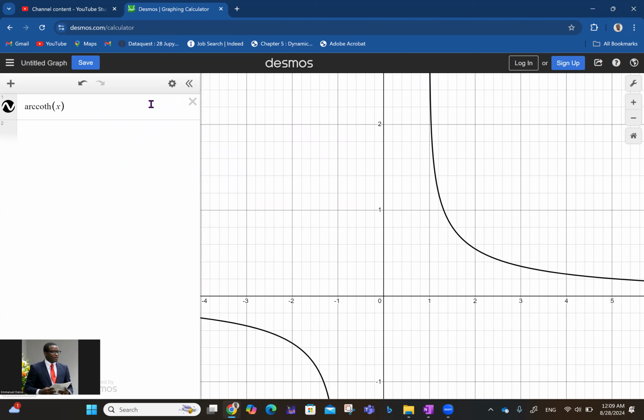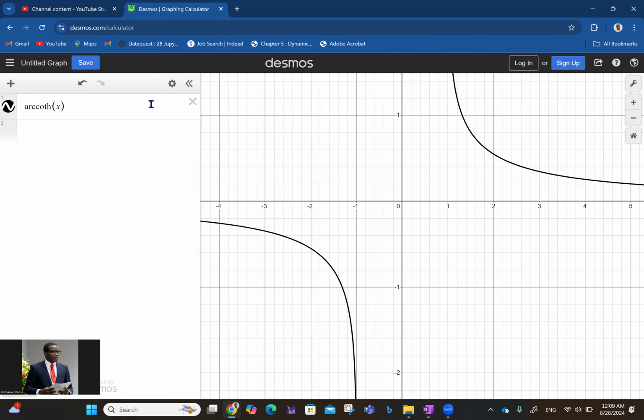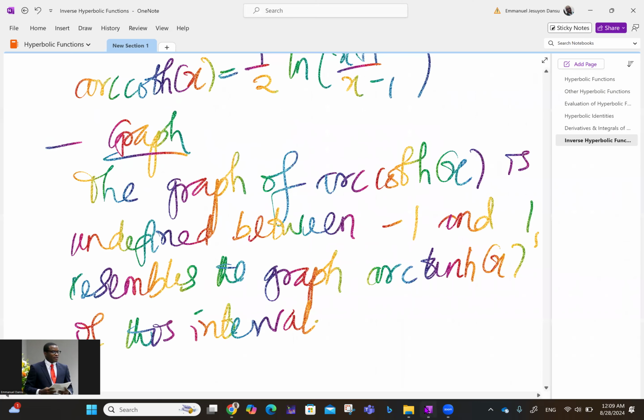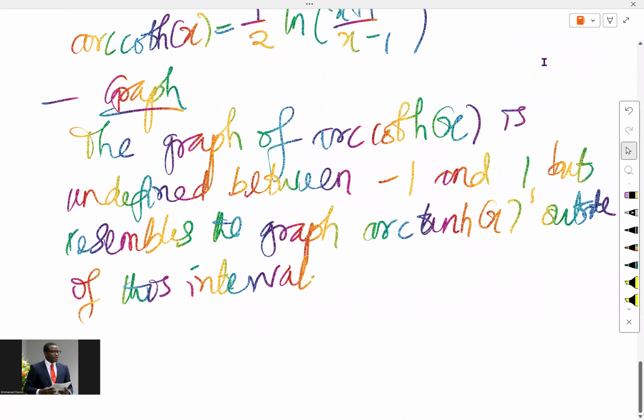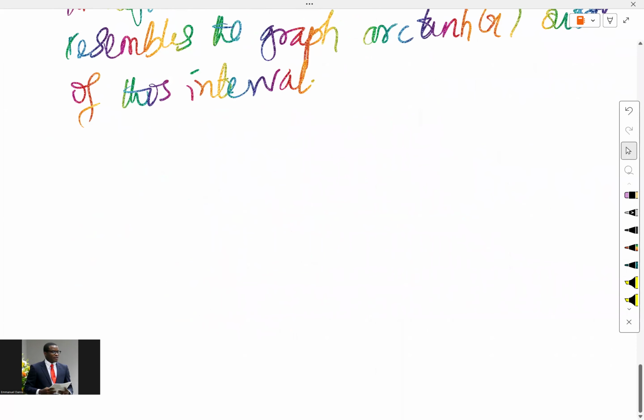So it never gets to 1 or minus 1. It is asymptotic around minus 1 and 1. So you see that symmetry around that region. Okay, so we go on to the next, being I believe number 5 now.